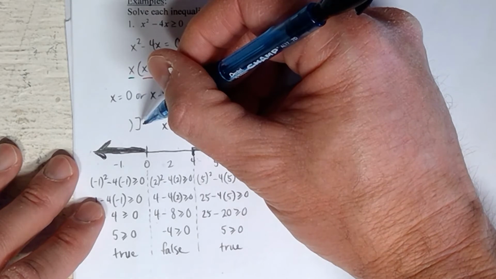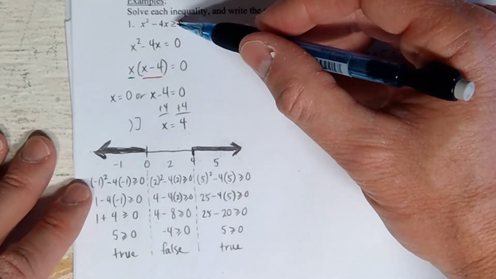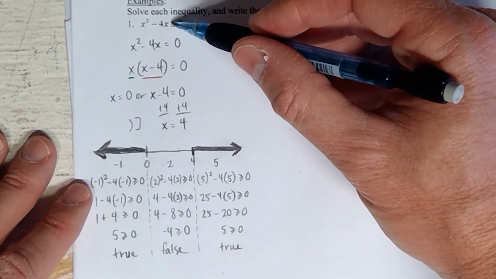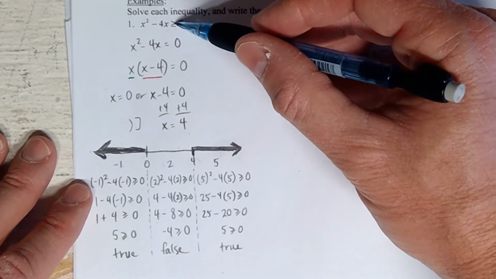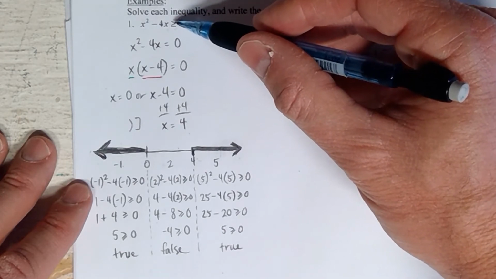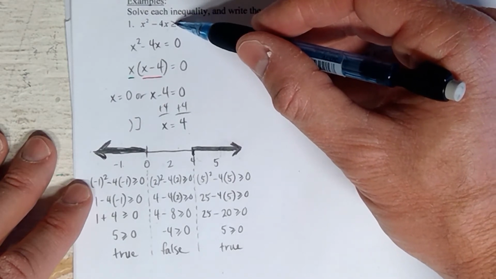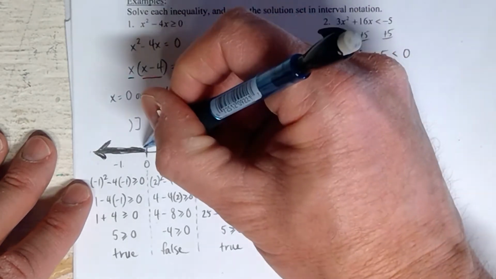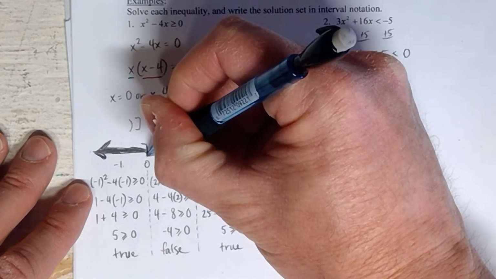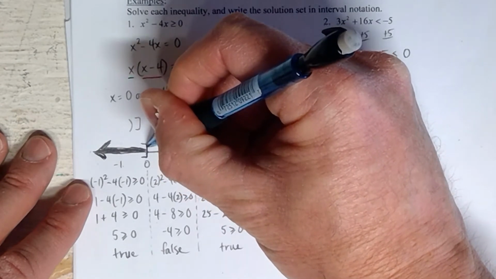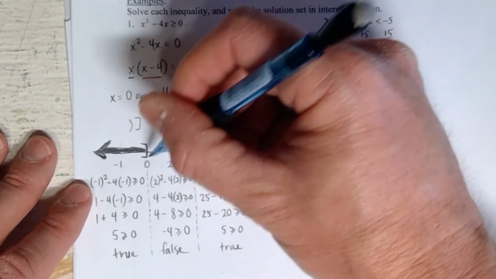Which one do you do? Well, it depends on the problem. If you have an equal to underneath your inequality there, in other words, if this had been greater than, it would be different. But since it's greater than or equal to, you use a square bracket. Always use a square bracket with the numbers.